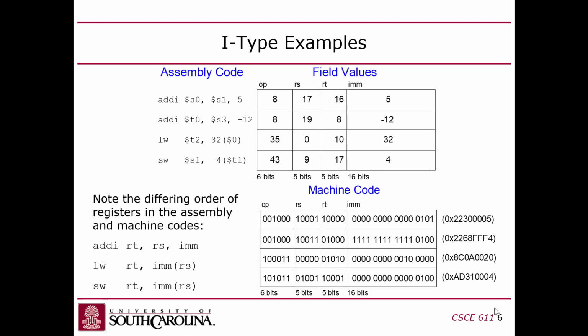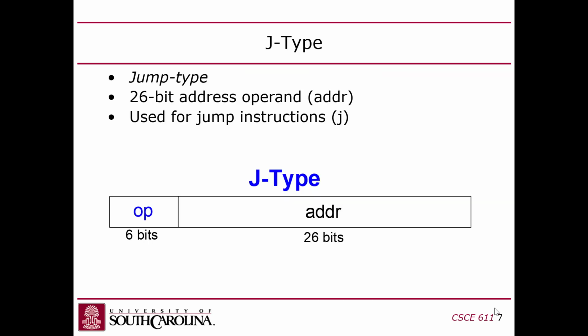Okay, and there are some examples of I-type instructions. And then finally there's the J-type. We're only going to have two instructions in this class that use the J-type, the jump and the jump and link. The J-type is an opcode and a 26-bit address. In this class, we will have less than 26 bits of instruction memory.